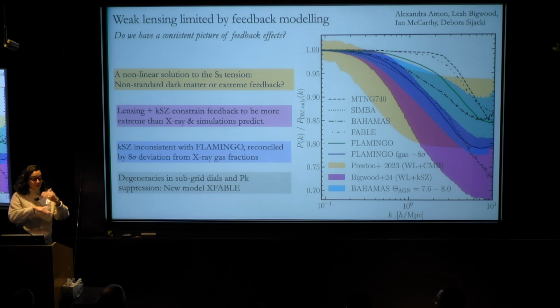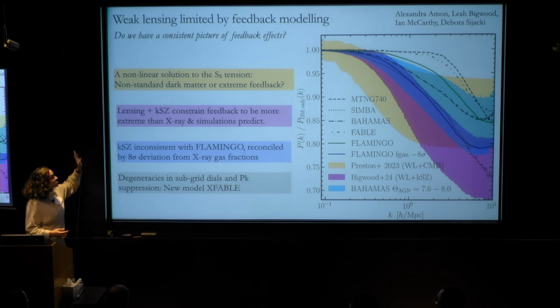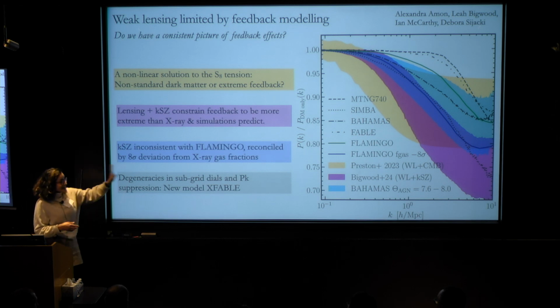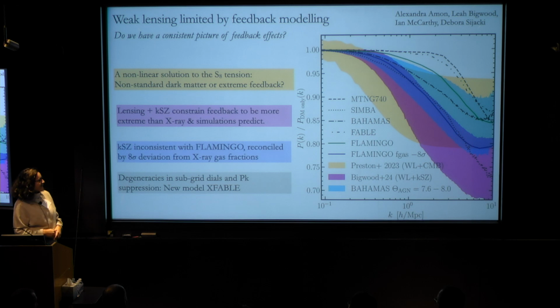Now, when we redo our analyses, using models for the astrophysical parameters and varying the cosmology, unlike the first quick game for a prediction to resolve the S8 tension, so when we marginalize over cosmology and astrophysical parameters and include the KSC stacks, we get evidence for extreme feedback. We've ruled out the simulator's number one complaint, which is that maybe your model was too unphysical.